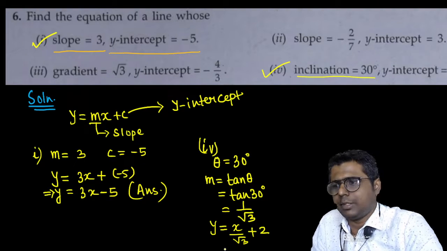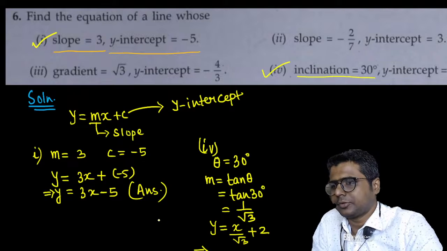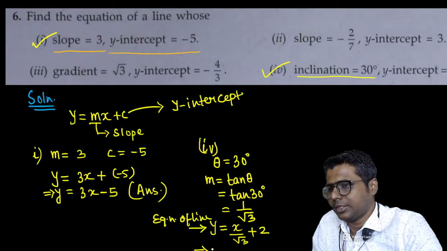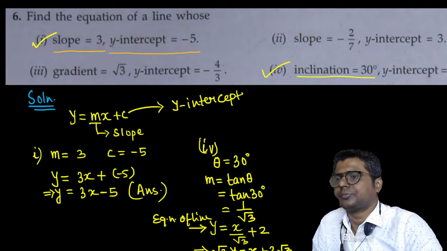If you want to simplify this equation, you can do that. So here you will write definitely equation of the line. The line is this one. So here if you want to solve it, then it will come out to be root 3y is equal to x plus 2 root 3. Okay.